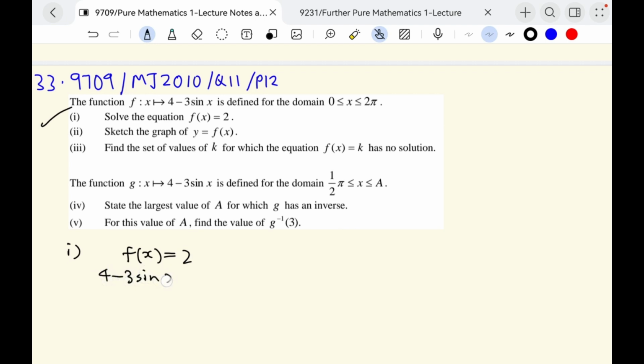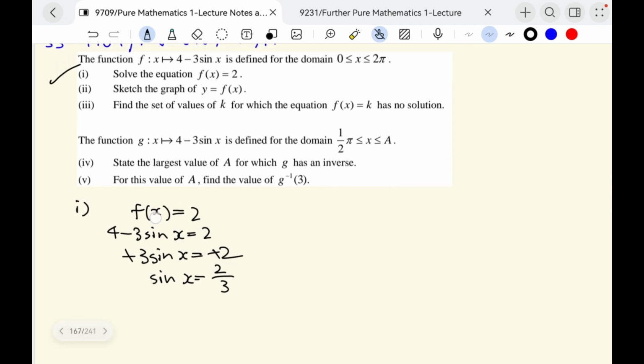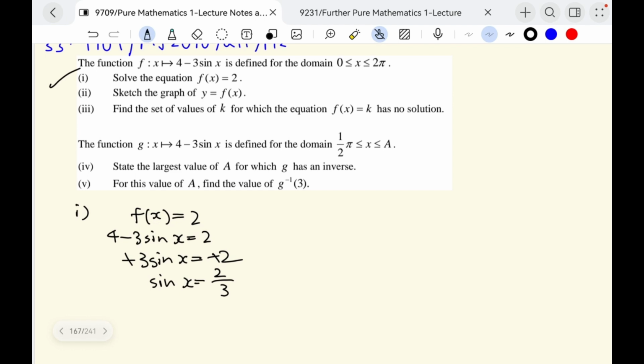Okay, so let sin x be the subject, so you will get 4 minus 2, or negative 2. As you can see, the negative can be cancelled out, and then you leave sin x equals 2 over 3. Okay? So following the interval from 0 to 2 pi, since sin x is positive, the two solutions lie in quadrant 1 and quadrant 2.